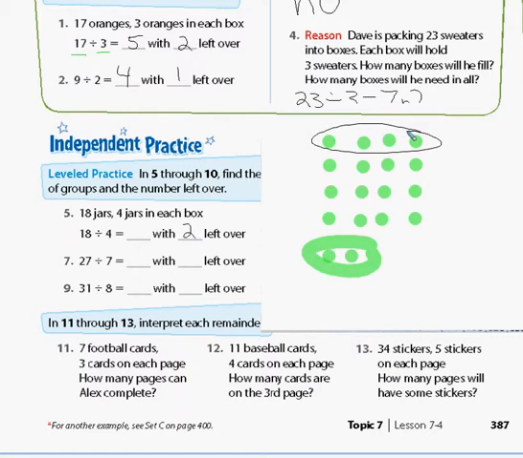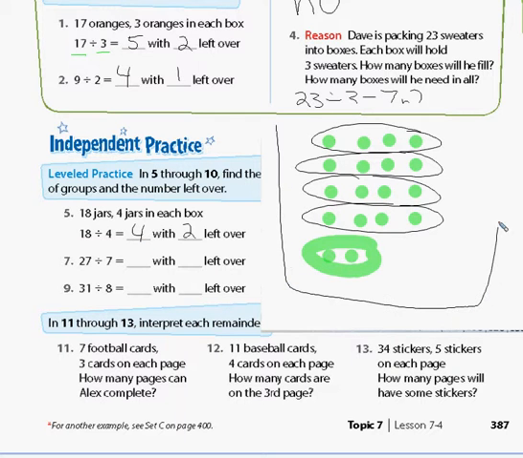There's 1 box, 2 boxes, 3 boxes, 4 boxes. So that's 4 with 2 left over. Okay, and I would go ahead, get on my scratch piece of paper, box that in, and that would be problem number 5.